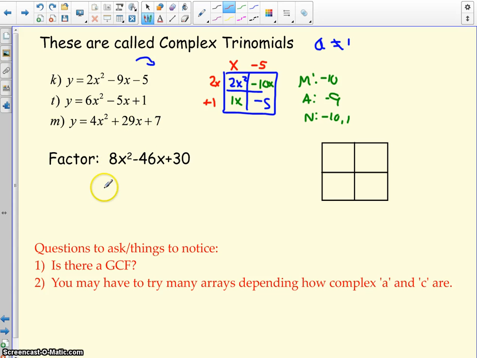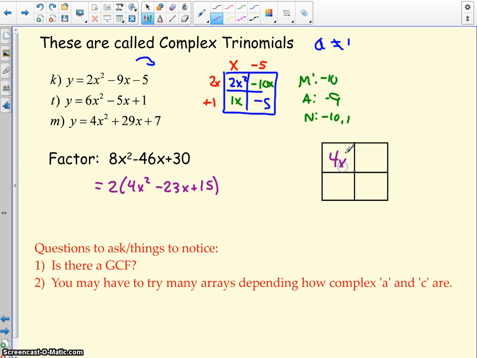Okay, so let's try the one that's down here, 8x squared minus 48x plus 30. So of course I'm going to look for a greatest common factor first. So all these are divisible by 2. So I get 4x squared minus 23x plus 15. Again, I took out this GCF not only to get it fully factored, but because this is much easier to work with now.